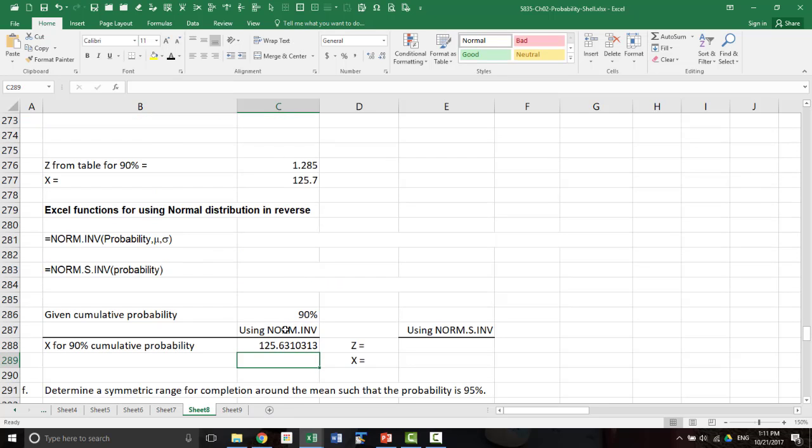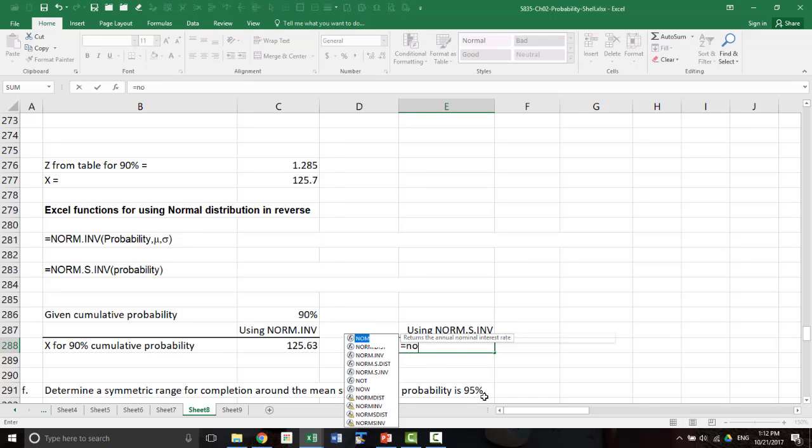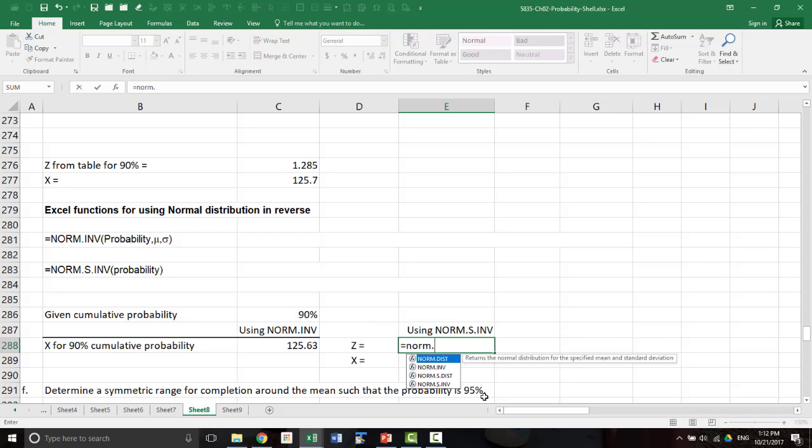This one is more accurate. Remember, we had to do a little bit of averaging in the table, so the table is not very accurate, whereas Excel functions will be accurate. If you want to use norm.s.inv, that will give you the z value for that cumulative probability.